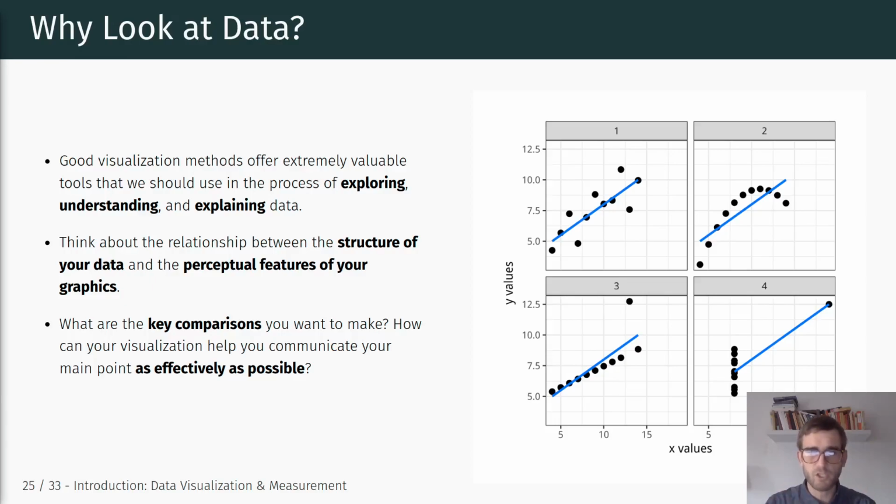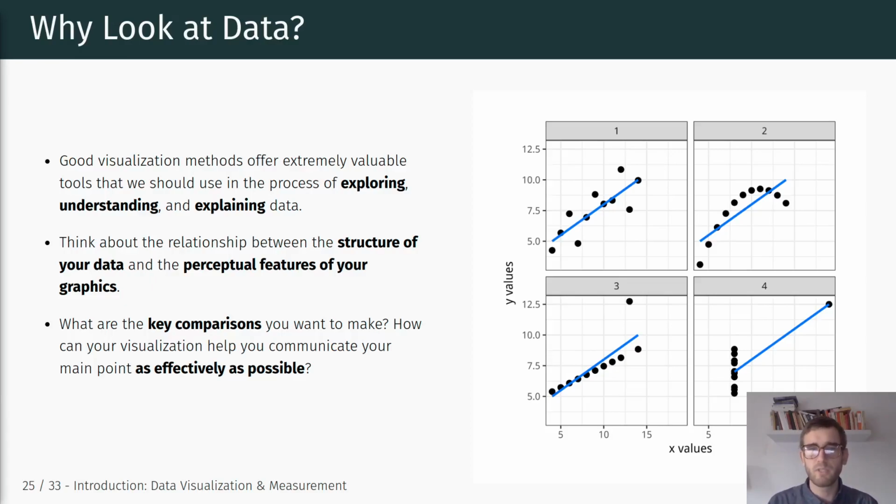The key question that you always have to keep in mind when you design your visualizations is what are the key comparisons that you want to make and that you want to communicate to your audience, right? And then ultimately, based on that, how can your visualization help you communicate your main point as effectively as possible, right?